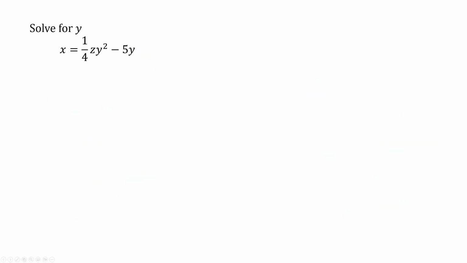Okay, so on this one, we want to solve for y. And again, we have a quadratic equation in y. So we've got a y squared term, we have a y term, and then we have an x term that doesn't have a y in it. So we treat this just like a quadratic equation because that's what it is. So 1/4 zy squared minus 5y minus x equals 0.